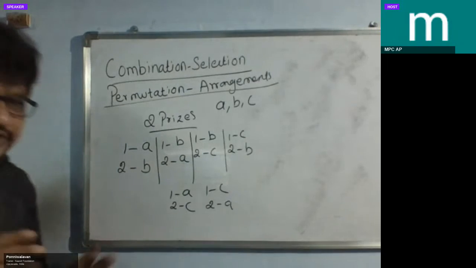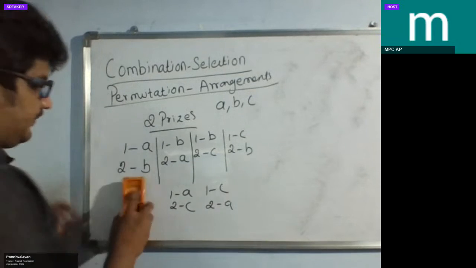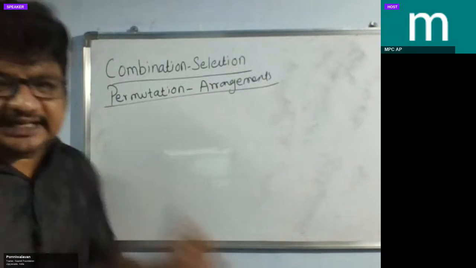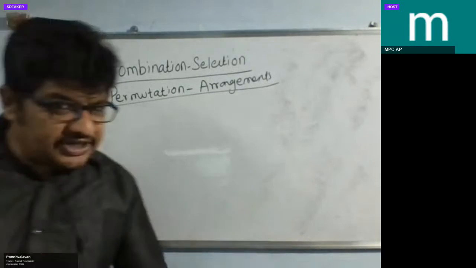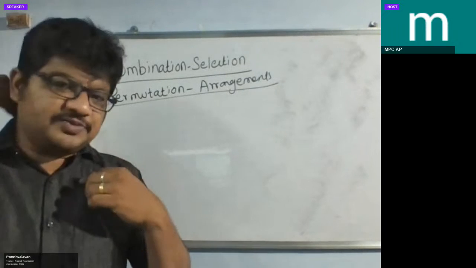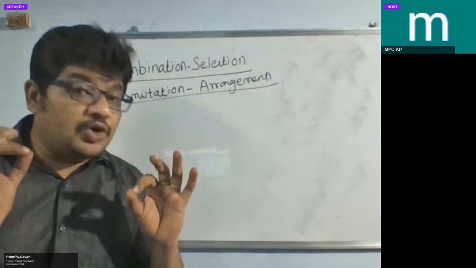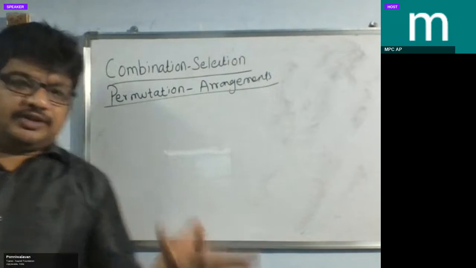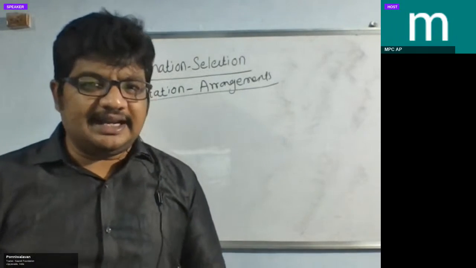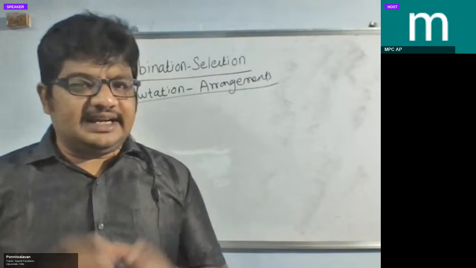There are word arrangements, letter arrangements, object arrangements. So different types of arrangements are there. One of the most important types is the word arrangement. Okay, letter arrangement. So we'll start with the letter arrangement.